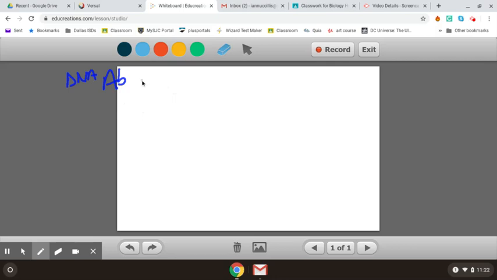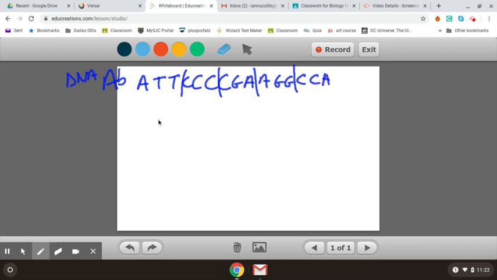Let's say that code says this: A, T, T, C, C, C, C, G, A, G, G, C, C. What is that? It has to be divisible by 3. 1, 2, 3. 1, 2, 3. 1, 2, 3. 1, 2, 3. C, C, A. Okay.